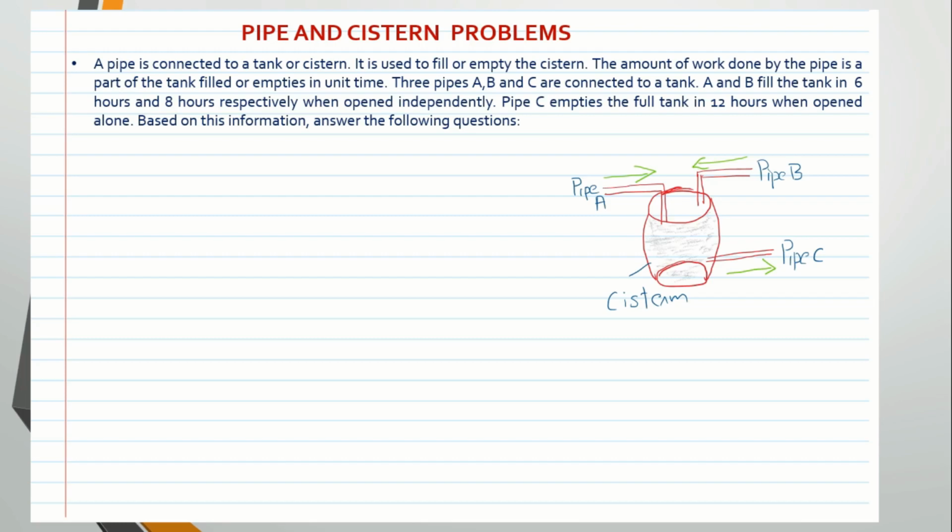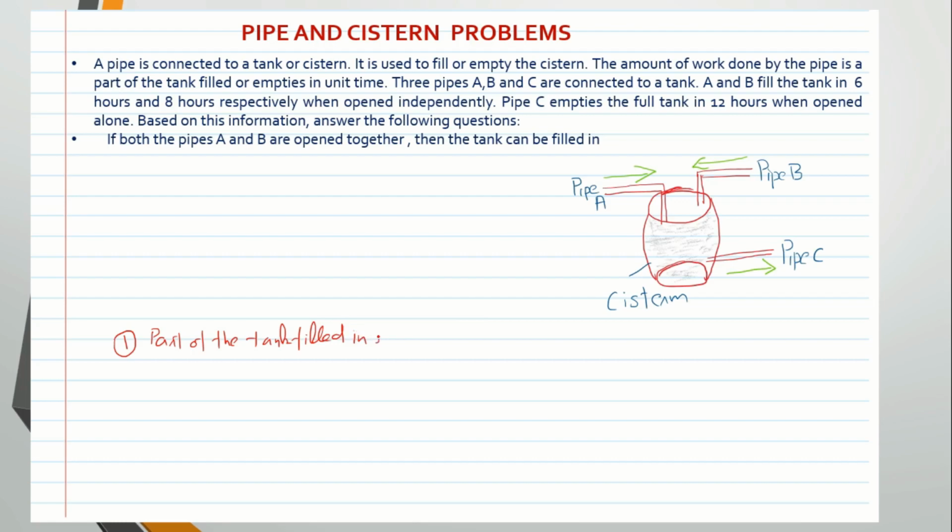For example, one such problem is, if both the pipes A and B are open together, in that case what we can do in the first situation is, you can write the part of the tank filled in 1 hour by the pipes A and B.